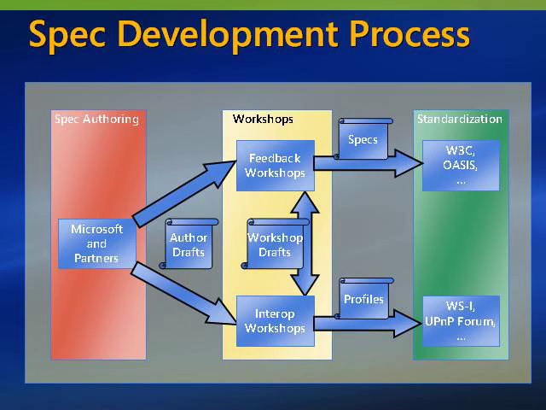And we publish them. And then we enter what's called the workshop process. The workshop process is where we get lots of feedback from the community at large about these specs. And we do interop fests, interop workshops. And we learn lots and lots about implementing these things and trying to do interoperation between those implementations. And that feedback loop makes the specs really good.